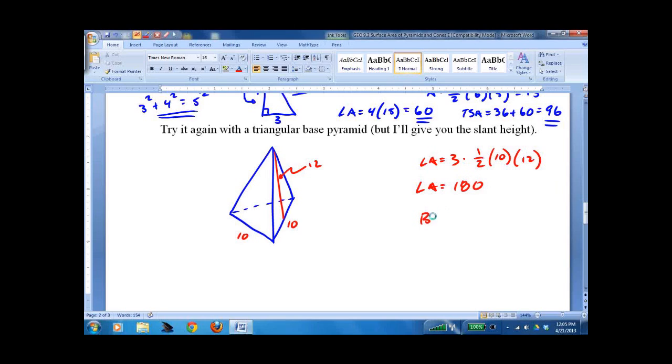Now the base area is very challenging. I have to actually tell you what the height of the base area is. In this case, it would be 5√3, I believe. So this is where life gets a little too complicated, so we're not going to worry about it. Base area would be 1/2 times 10 times 5√3.